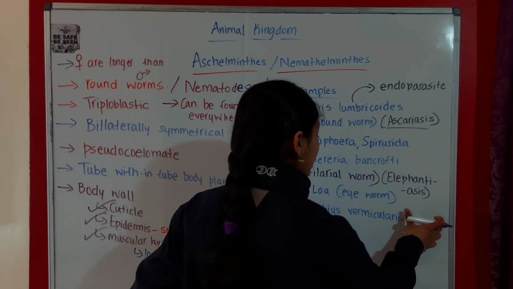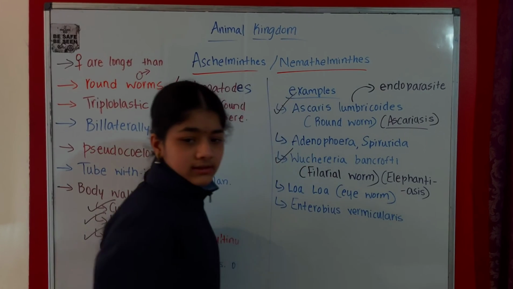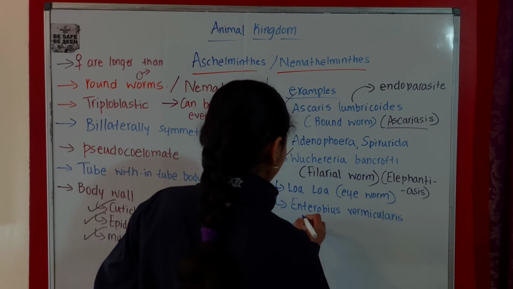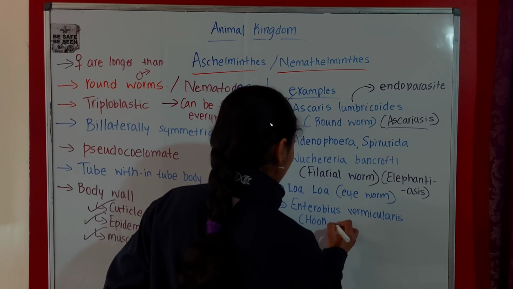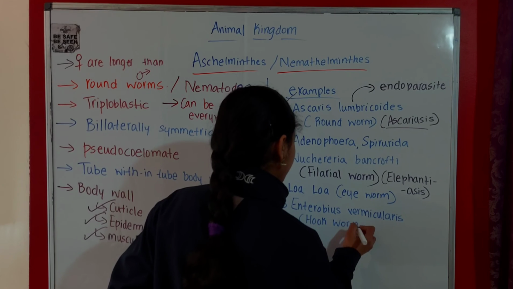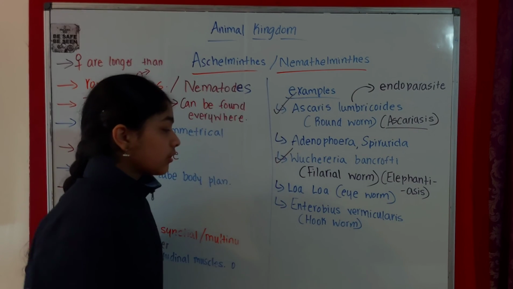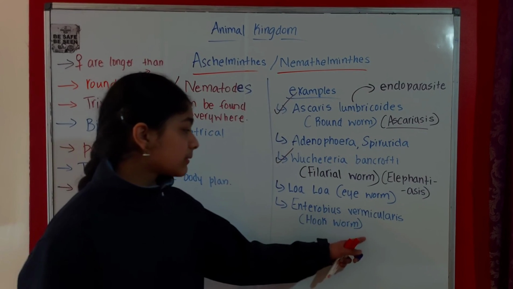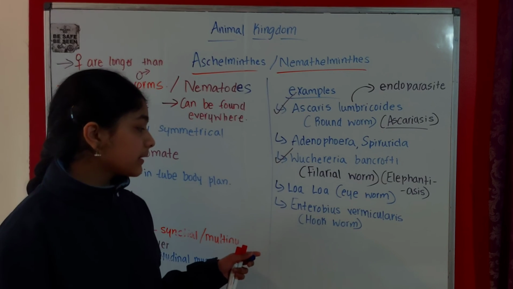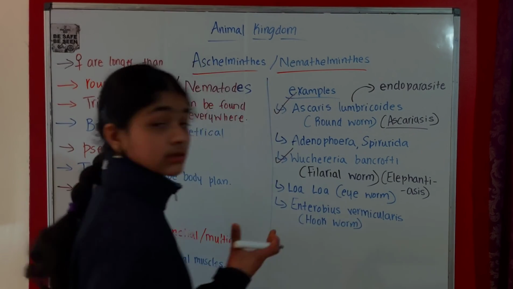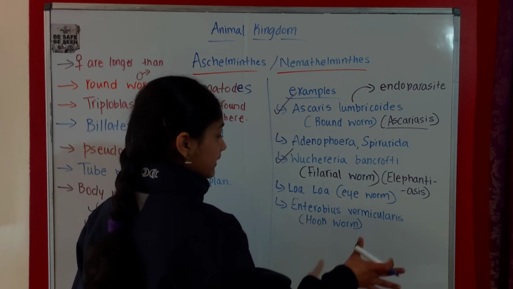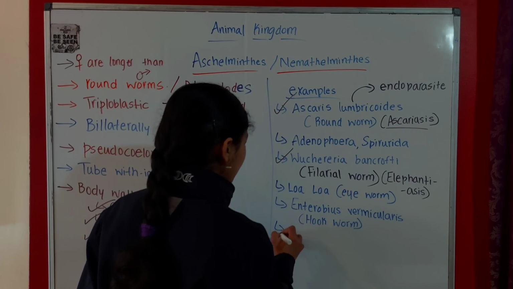Enterobius vermicularis is called the hookworm. So Enterobius vermicularis is the hookworm, and this is also an endoparasite because it has hooks. So hookworm, Enterobius vermicularis.